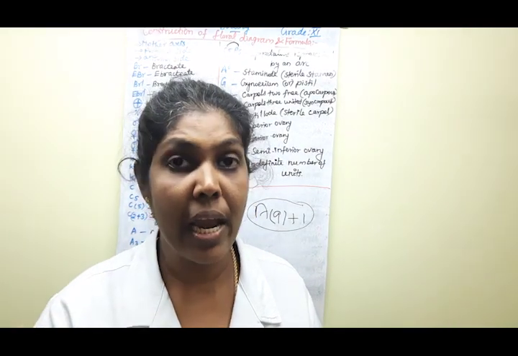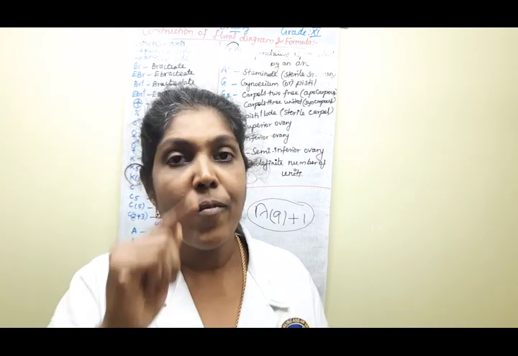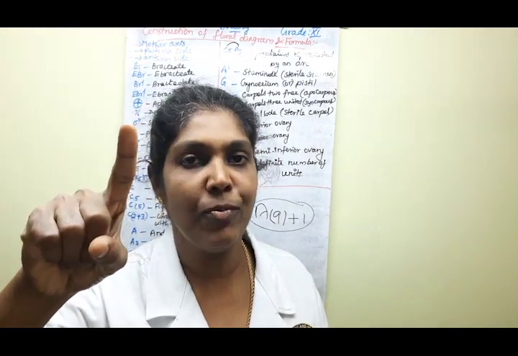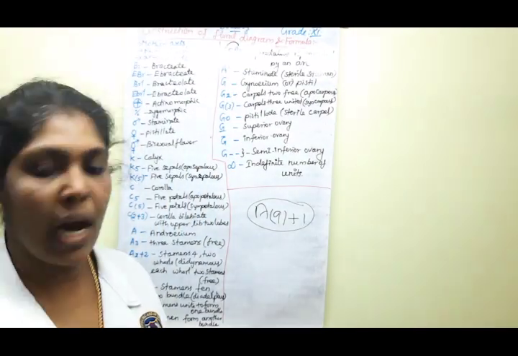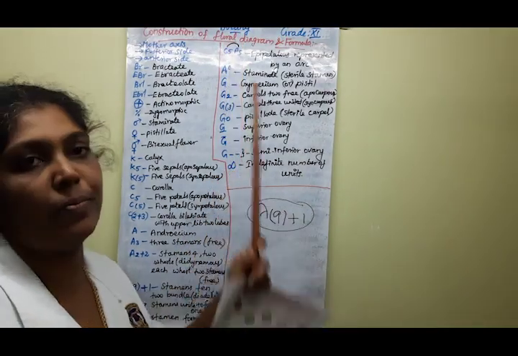Whatever it is, you have to mention it. Whichever part the stamen attaches to, that is how you have to write the floral formula, in this curve form.